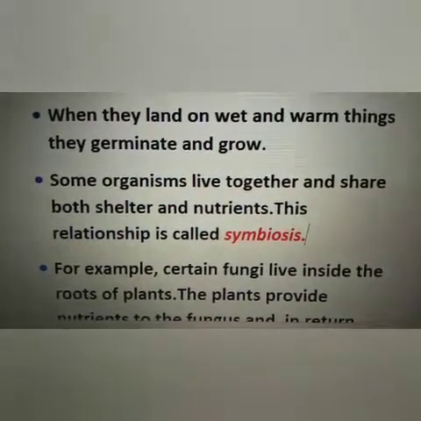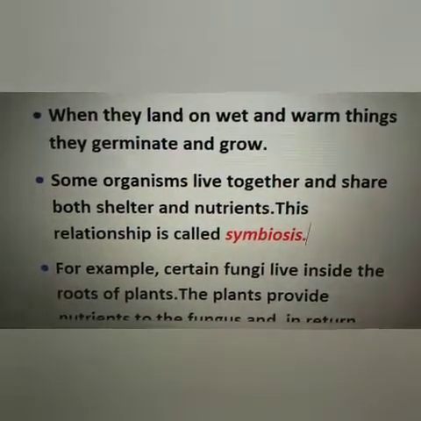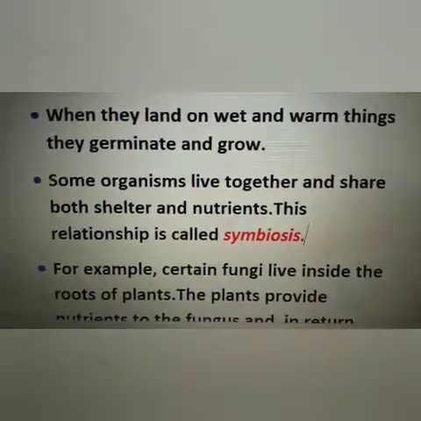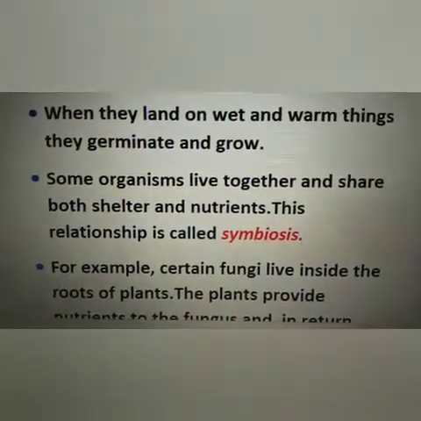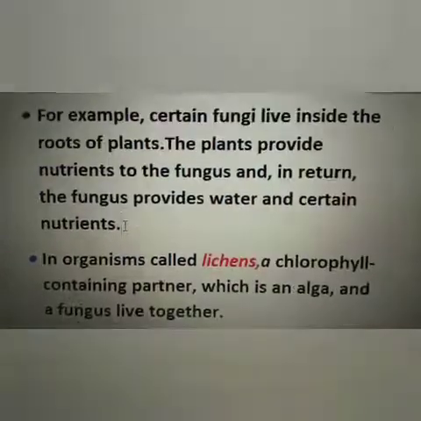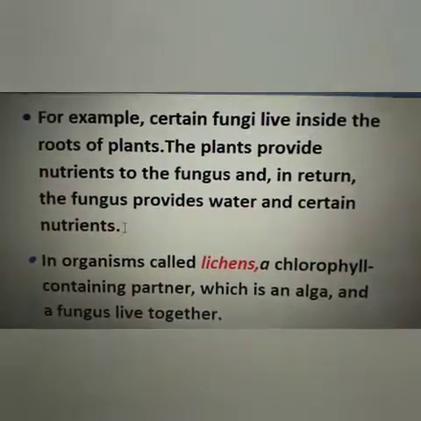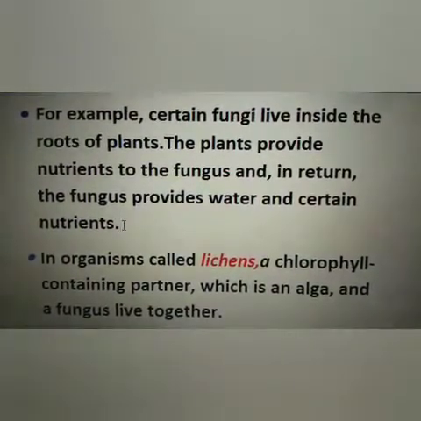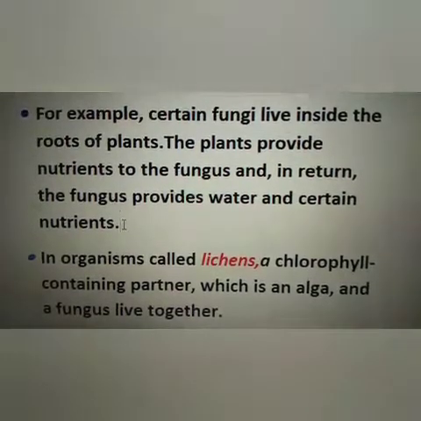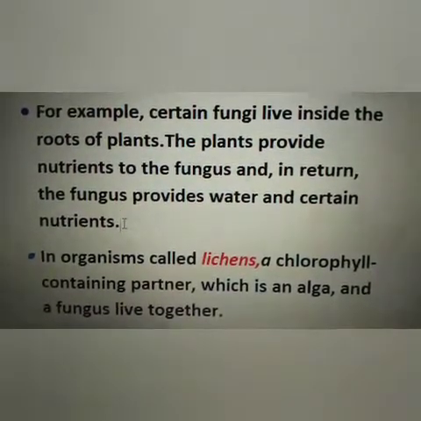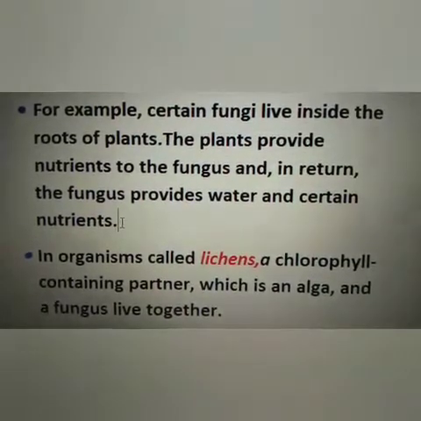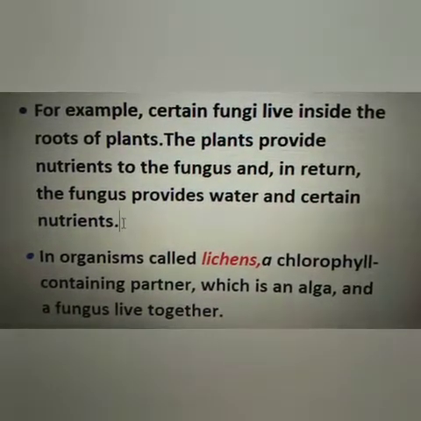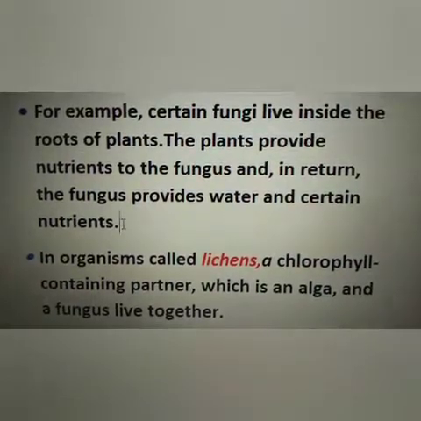Some organisms live together and share both shelter and nutrients, and this relationship is called symbiosis. For example, certain fungi live inside the roots of plants, and these plants provide nutrients to the fungus, and in return the fungus provides water and certain nutrients.